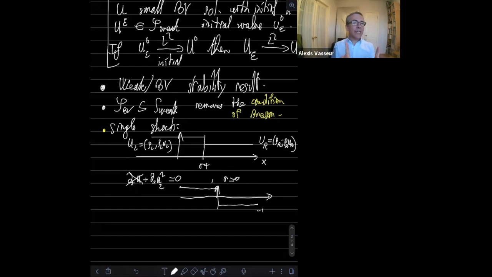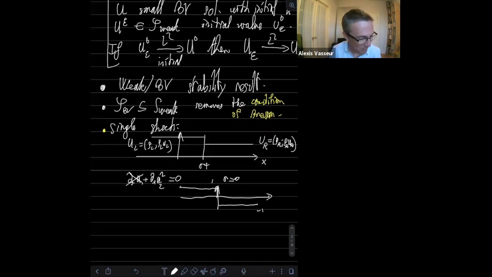Now the entropy says that you could put 1 and minus 1, or the opposite, right? And there's only one which is entropic, and the entropy says you cannot put minus 1, 1. This one has a smooth solution, a Lipschitz solution. So this gives you how you have to order the 1 and the minus 1, and that's what the entropy condition gives on top of it.